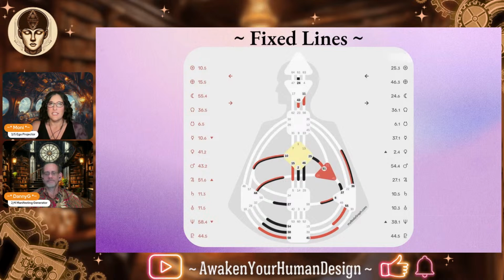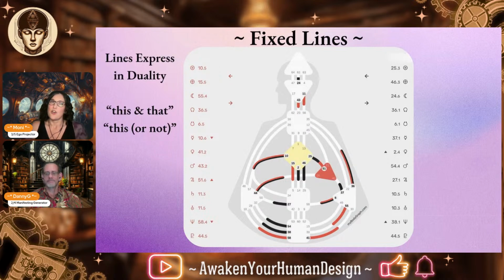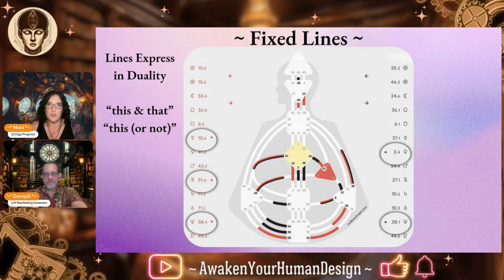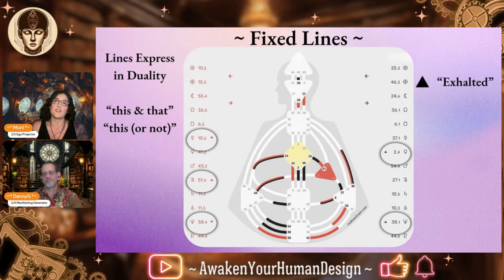And then we're going to explain fixed lines. Lines express in a duality. It's the this and the that, or the this or not. Sometimes on the chart you can see an up triangle or a down triangle, and sometimes a star, and you wonder what that means. The up triangle is exalted, and Ra pulled this language from astrology.